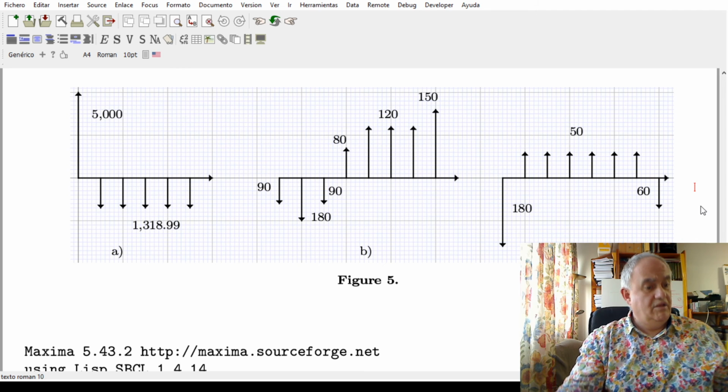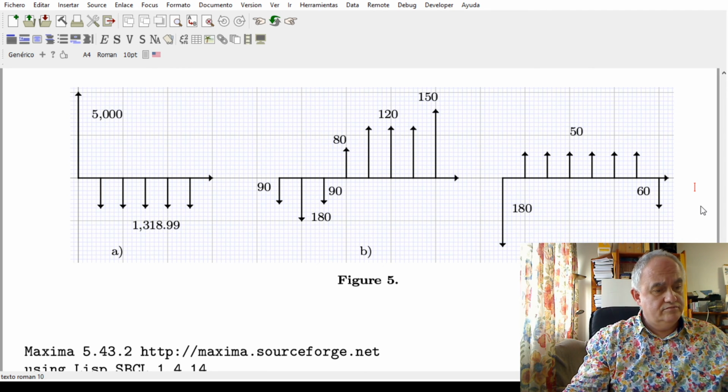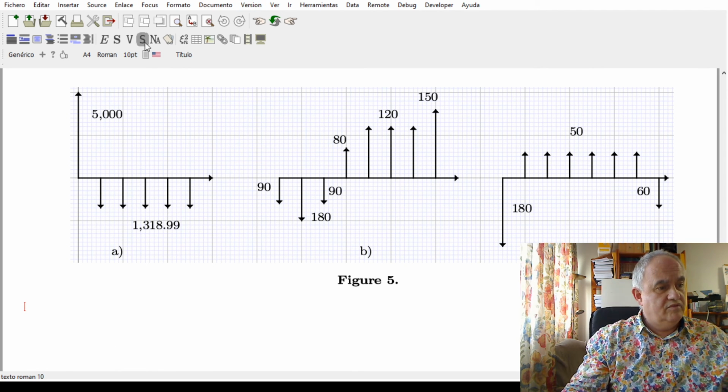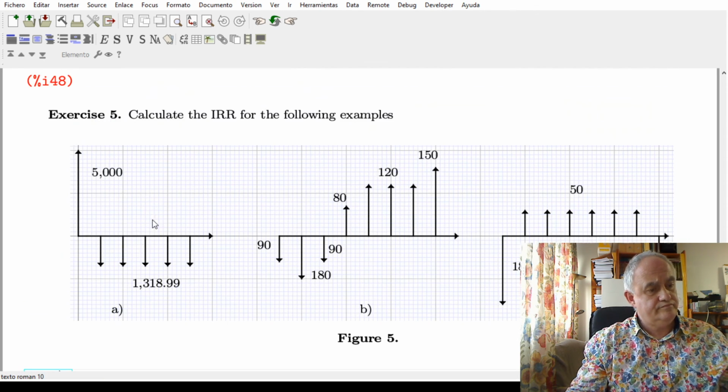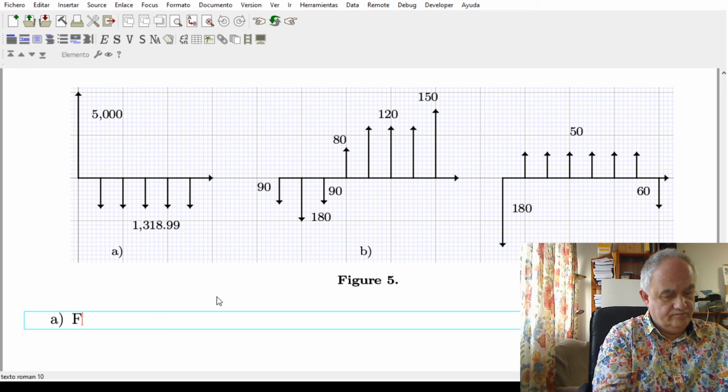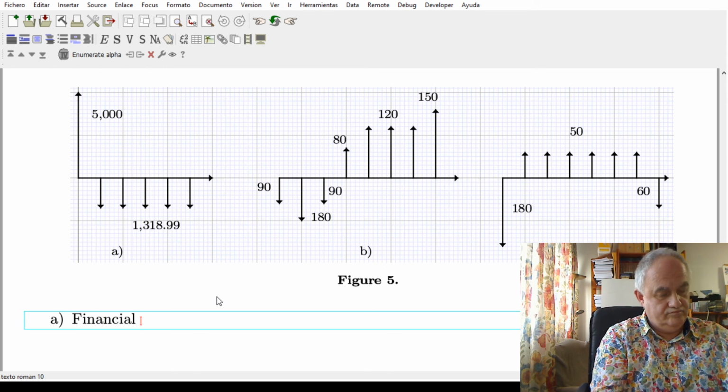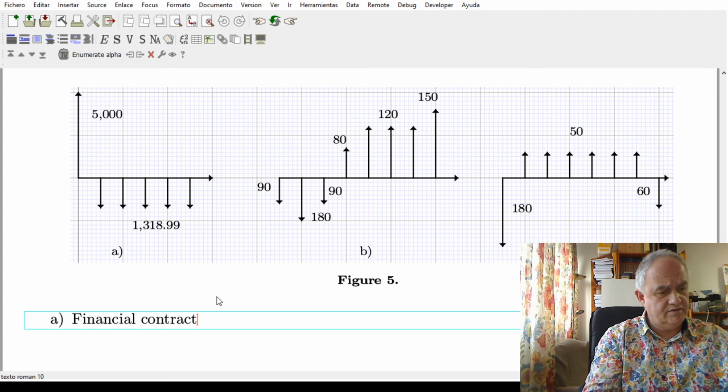So again, let's follow this expression as always. Okay. This is a typical financial contract.